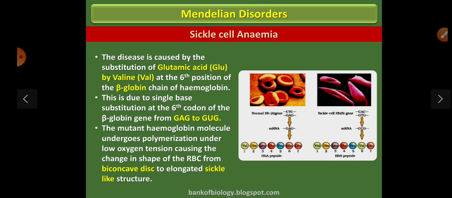This is due to a single base substitution at the sixth position codon of the beta globin gene from GAG to GUG. The mutant hemoglobin molecules undergo polymerization under low oxygen tension, which changes the shape of the RBC from a biconvex disc to an elongated sickle-like structure.